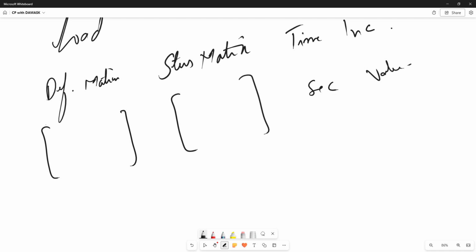So it is not just deformation, it is deformation velocity. So deformation velocity matrix, stress matrix, and then time and increment.